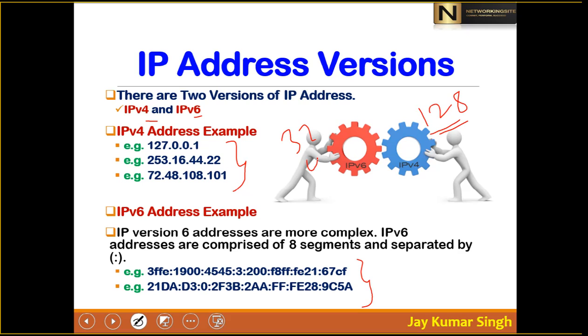IPv4 will have 4 octets, IPv6 will have 8 octets. You can count here: 1, 2, 3, 4, 5, 6, 7, 8. Now IPv4 uses dot for separation and IPv6 uses double colon for separation.